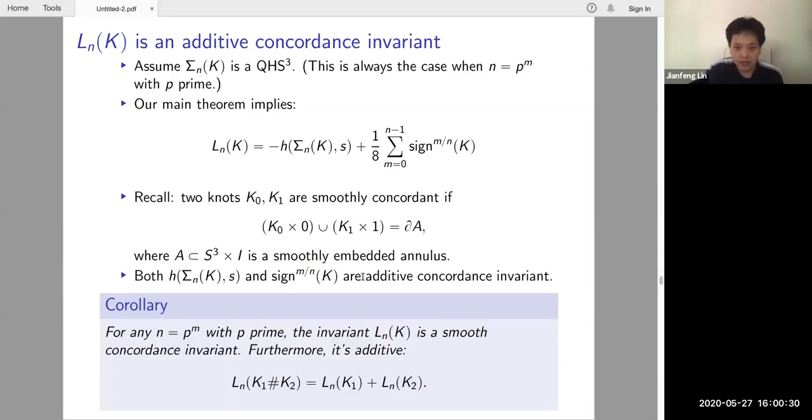And they are both additive. As a corollary of this formula, we see that when n is a prime power, this invariant coming from the monopole Lefschetz number is actually a smooth concordance invariant. Furthermore, it's additive. That means if you take the connected sum of two knots and evaluate L_n, it's just the sum of the invariants of each knot. This provides us a useful invariant to study knot concordance.